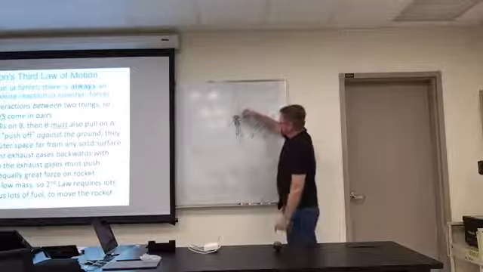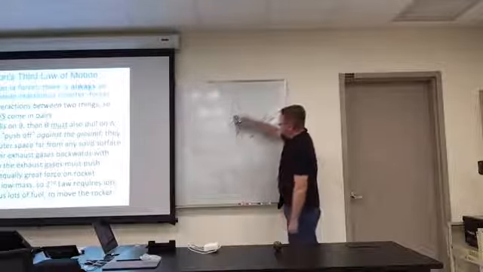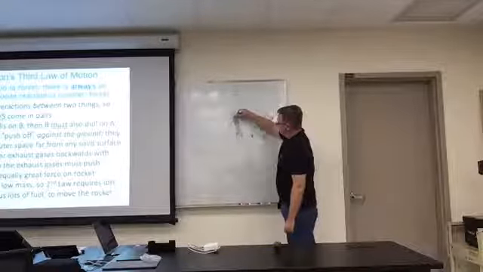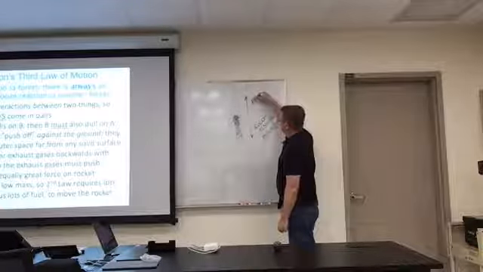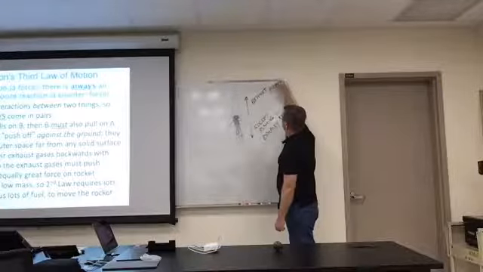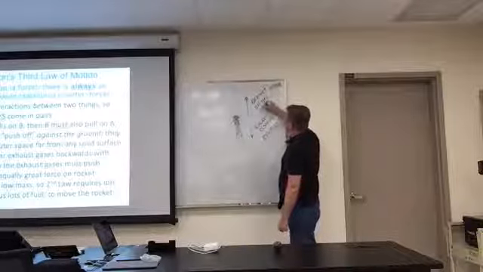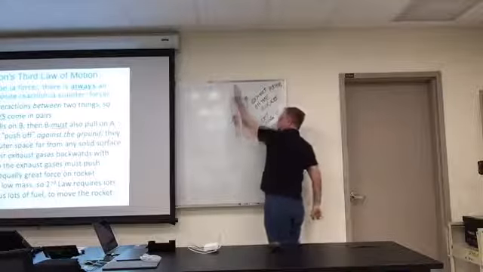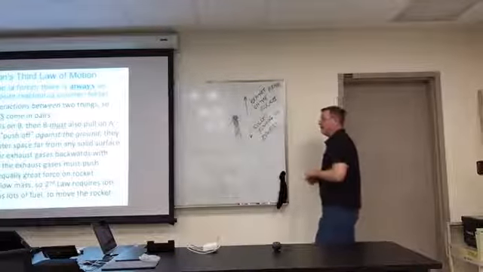If the rocket is going to push the gas downwards with tremendous force, the exhaust is going to push the rocket upwards with tremendous force. The exhaust pushing on the rocket. So the rocket goes forward as it throws the exhaust gases out its back.